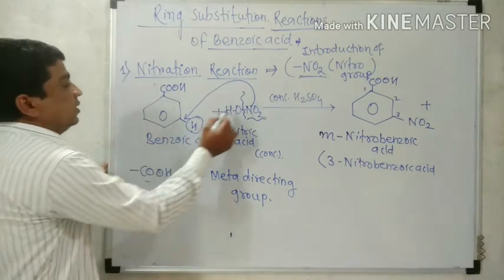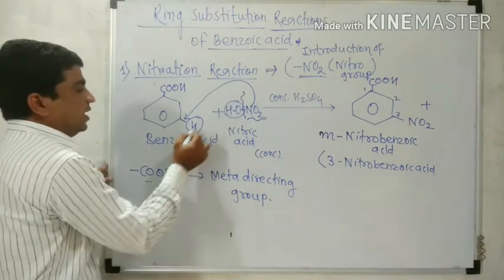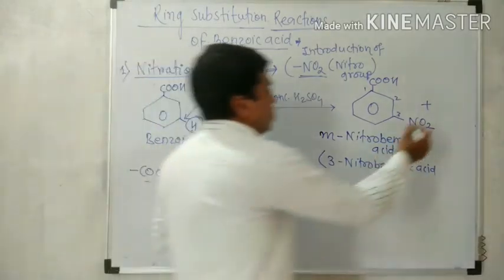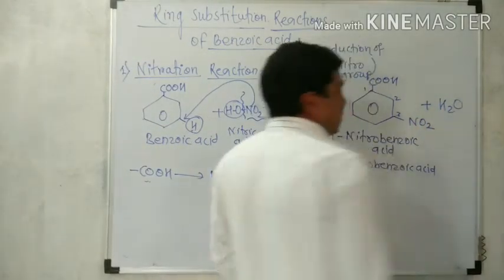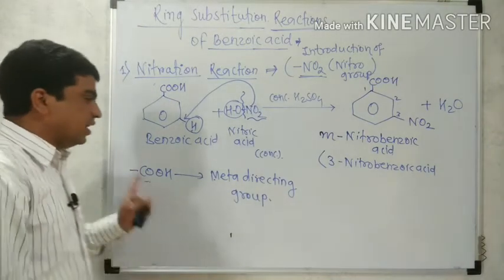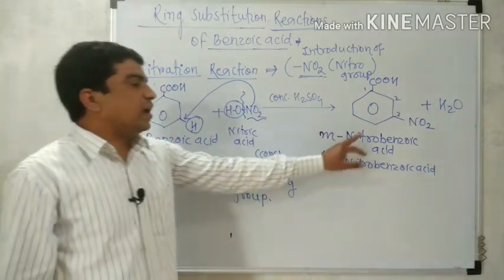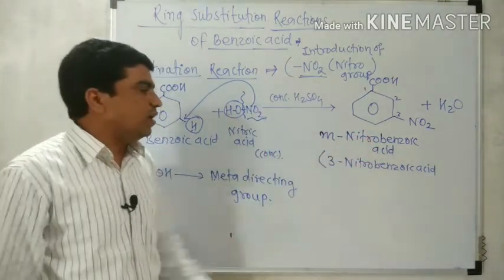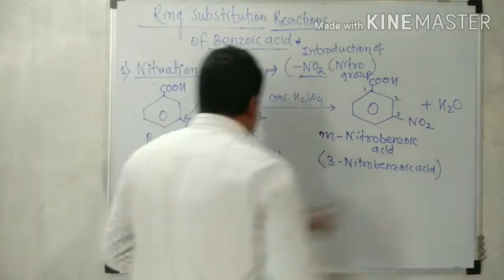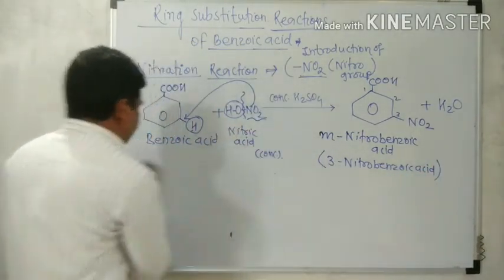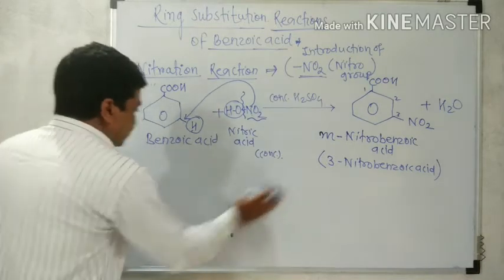What remains? That OH and that H combine to form water. So in this way, benzoic acid under nitration is converted into meta-nitrobenzoic acid, also called 3-nitrobenzoic acid in the IUPAC system. That was about the nitration.